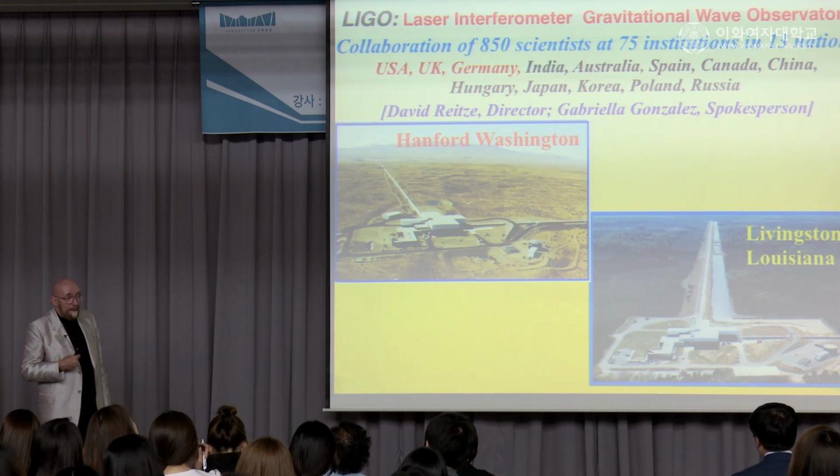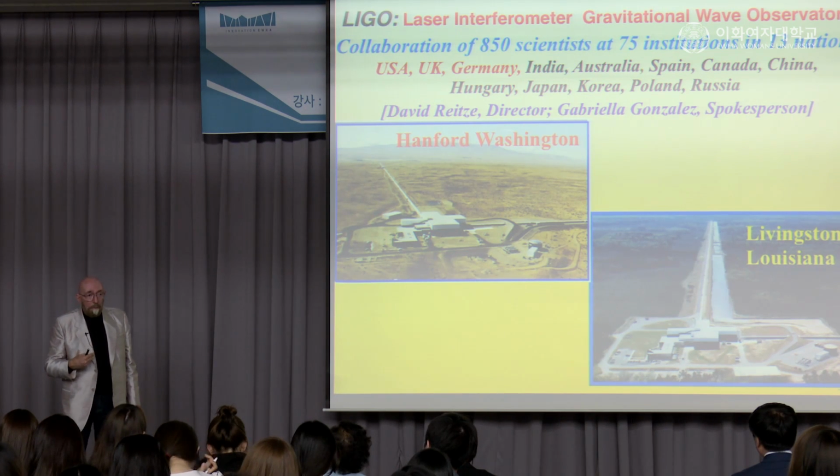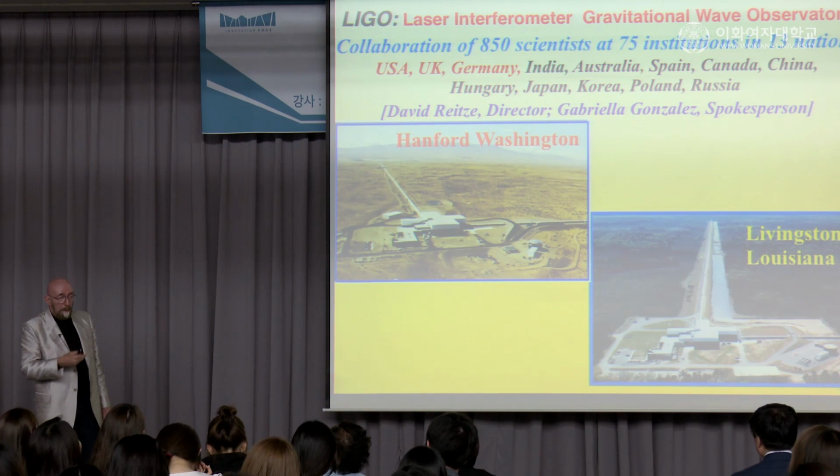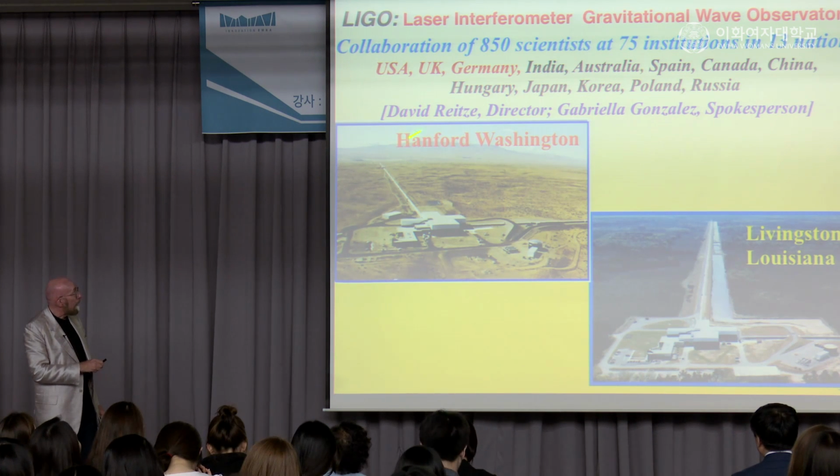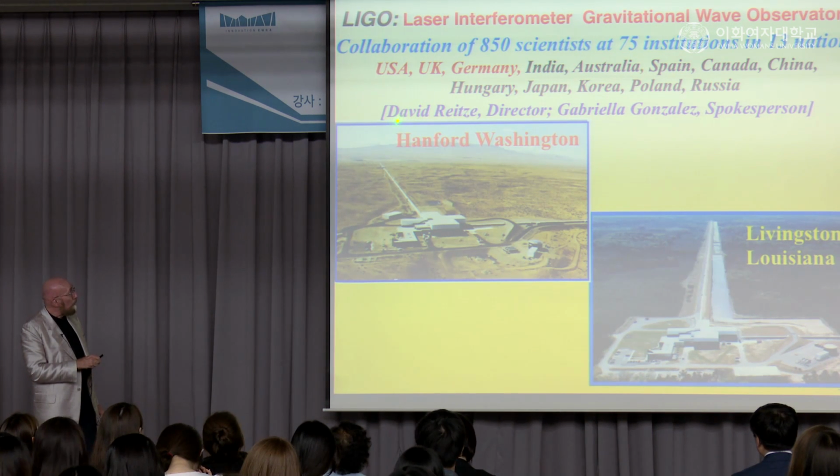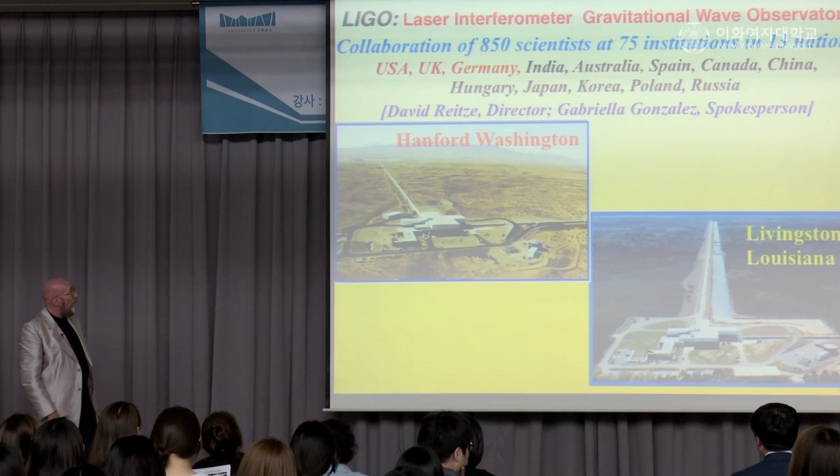It's based at Caltech because Ronald Drever and I, who started the project with Ray Weiss, were at Caltech. It's directed now at the present time by David Reitze. Gabriela Gonzalez is the spokesperson for the collaboration.